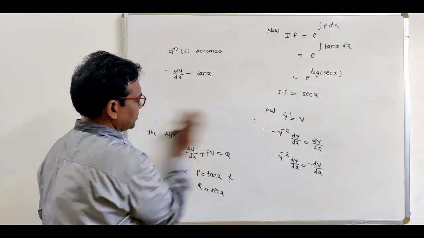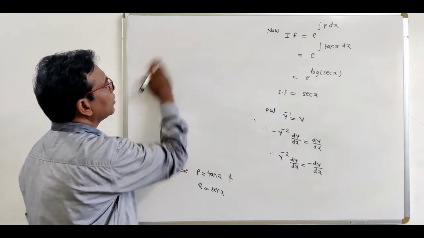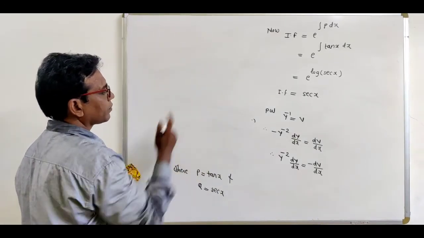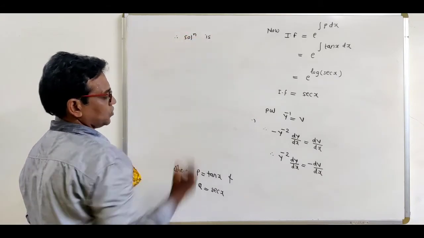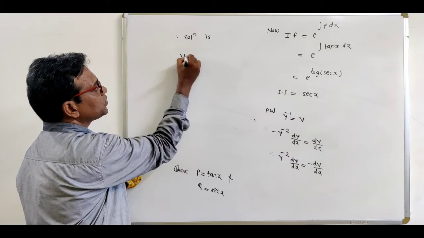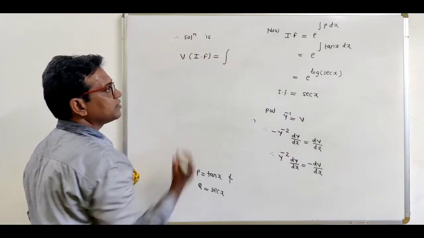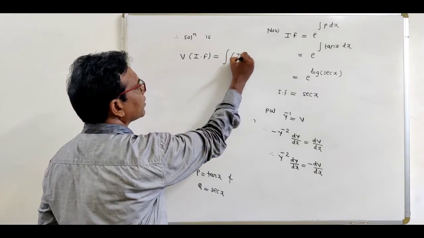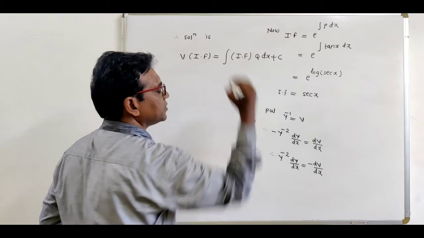Now find the solution. What is the formula for the solution? v into the integrating factor is equal to integral of integrating factor into q dx plus c.